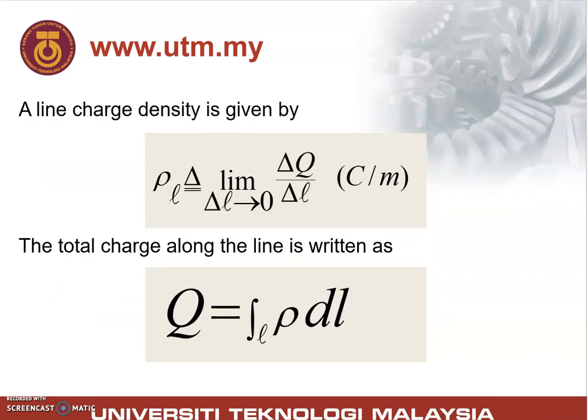Now for a line charge, the line charge density is given by rho L, with units of coulomb per meter. The total charge along the line is written as Q equals the integration of rho L dl along the line.